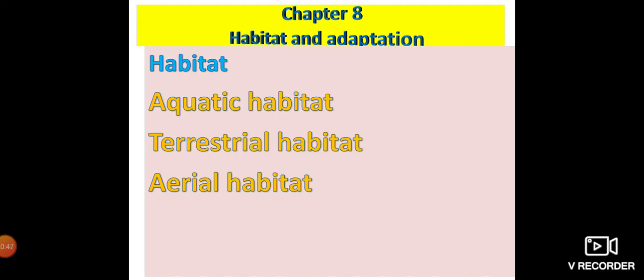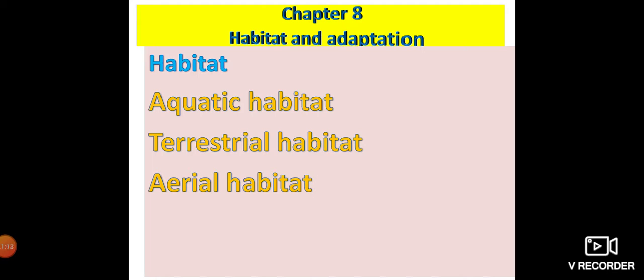Their body is adapted to fly, so their body is suitable for flying. In this lesson we will learn what special features or adaptations these animals have in order to live in their particular habitat.